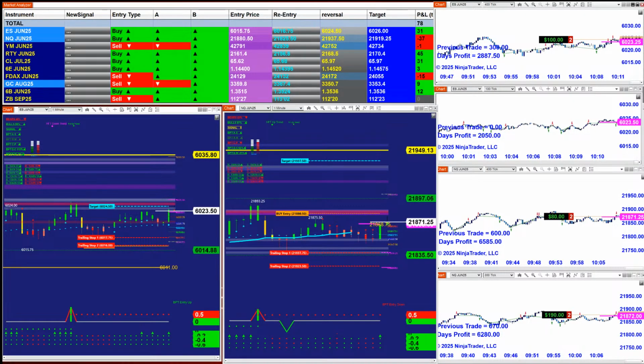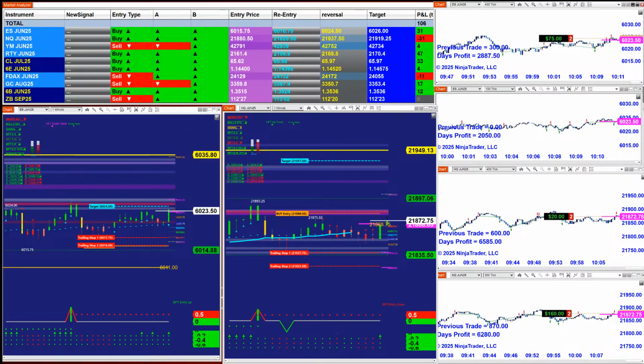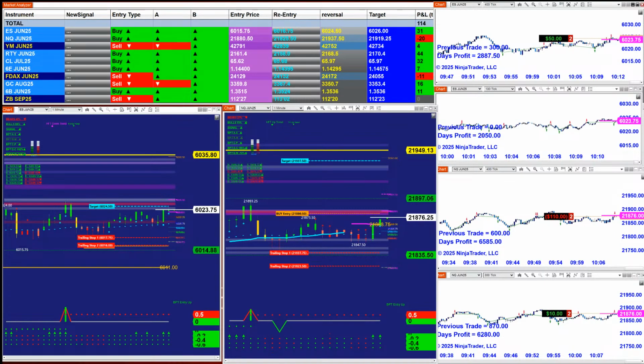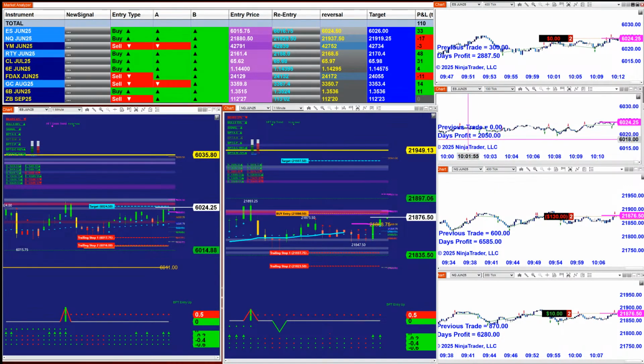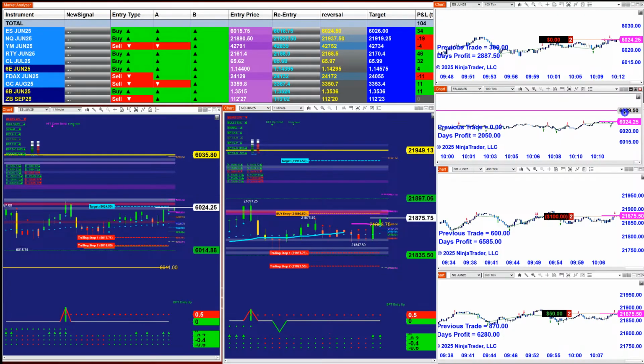It's funny, we got the ES and the Nasdaq short. The 100 tick maintained over 2000. On the last trade it was flat.